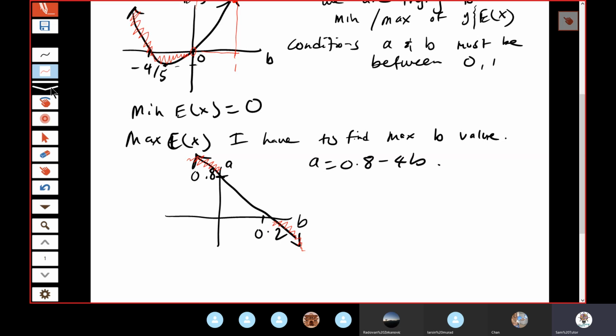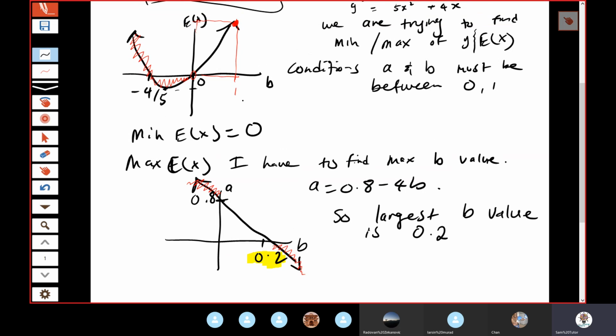Well, of course, it's very clear now. The largest b value you're going to have is just 0.2. It's not infinity. It doesn't go on forever. So the largest b value is 0.2.